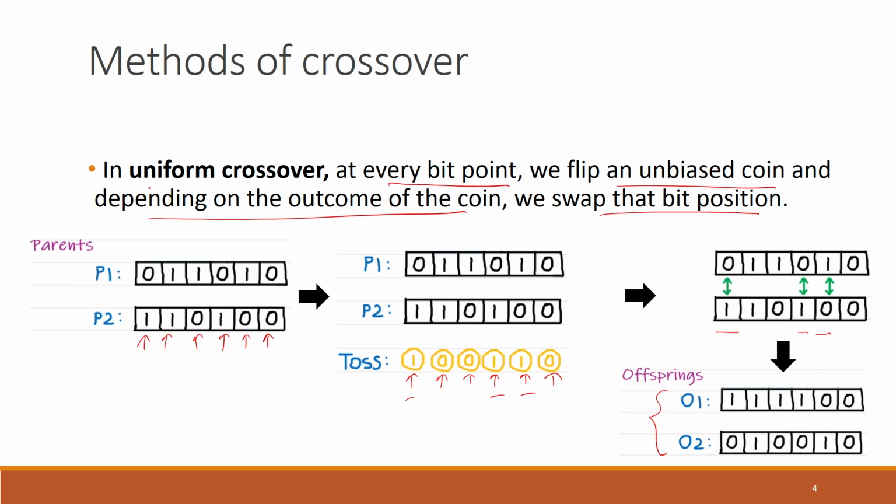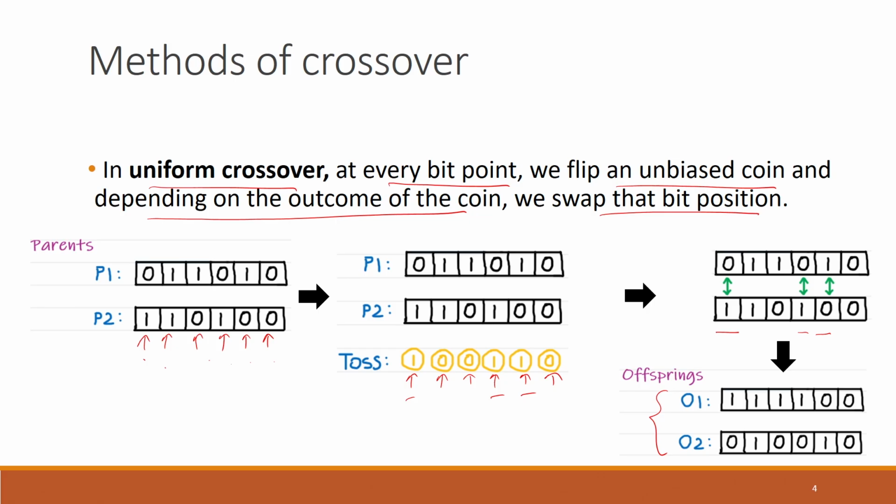Whereas uniform crossover will take the largest computation time, because here we check every bit, and in the average case almost half of the bit places will get swapped. So uniform crossover leads to a very dense crossover, in the sense that it allows a lot of bits to get swapped, but it is computationally very high.